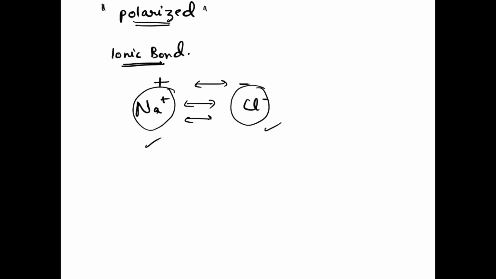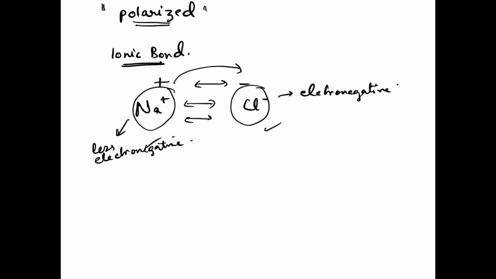Chlorine is so electronegative that it is able to take one whole electron from sodium, and got a permanent negative charge.